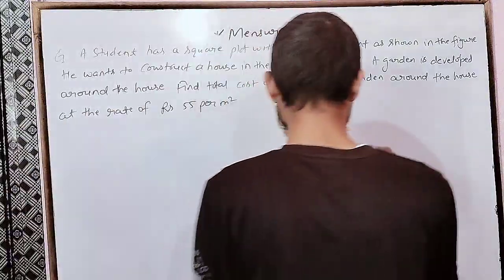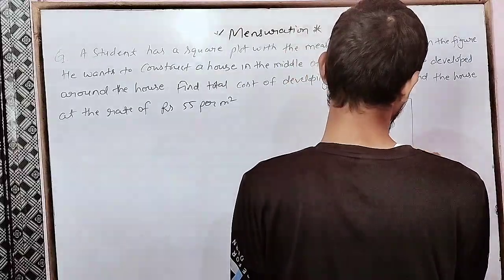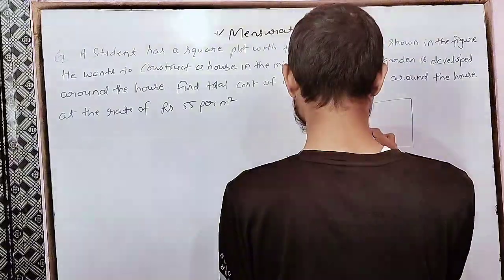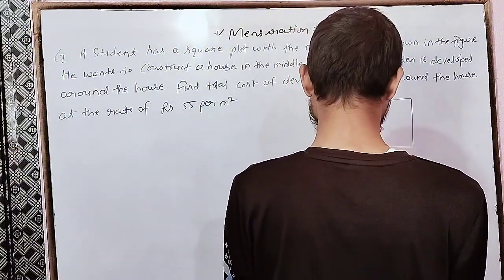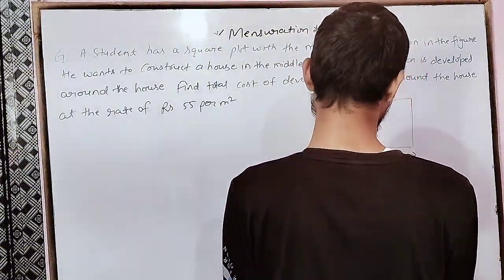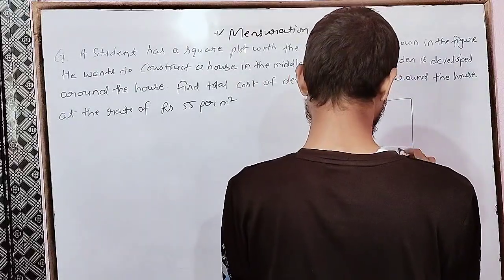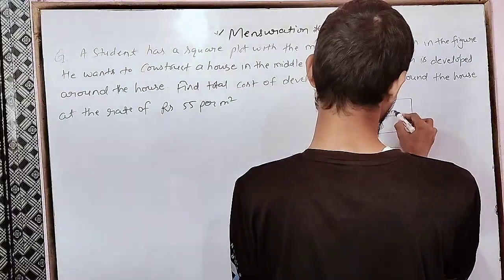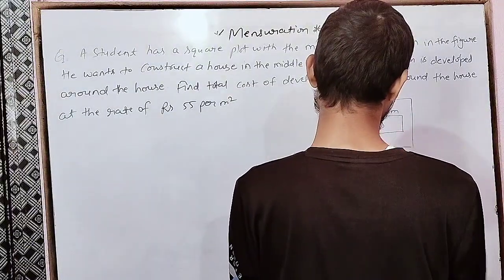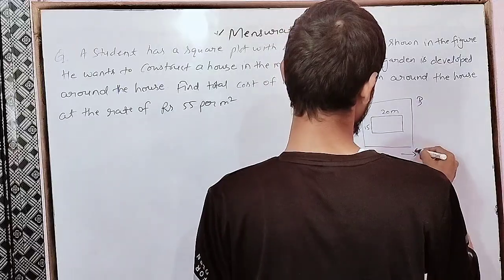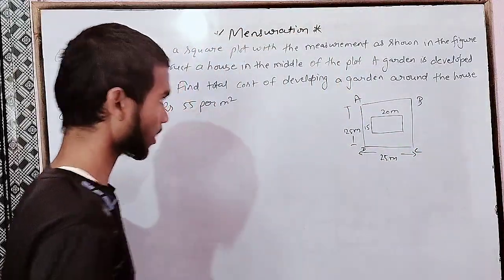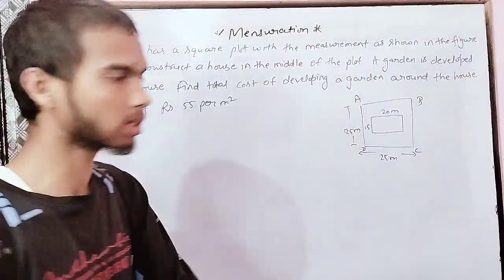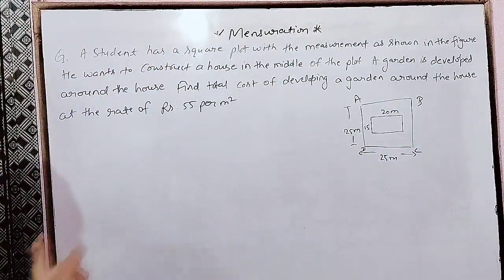This is our question. The figure is like this, A, B, C, D. A student has a square plot.